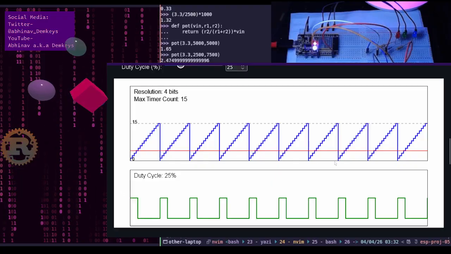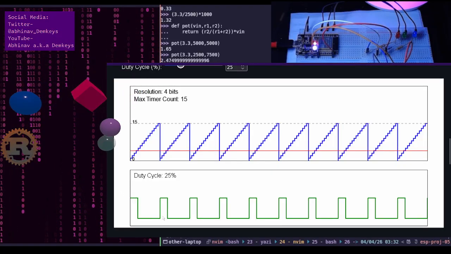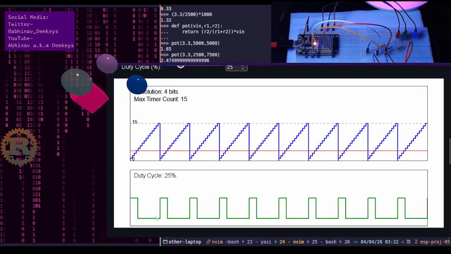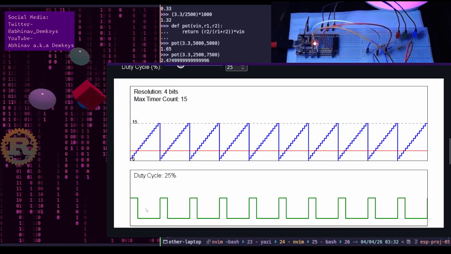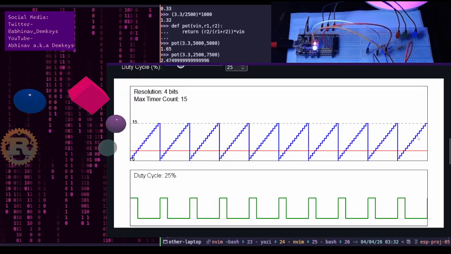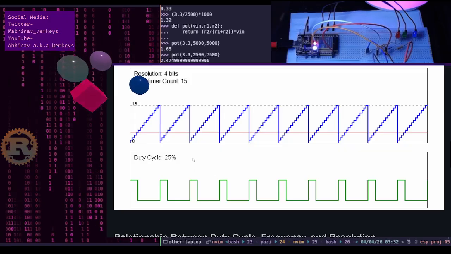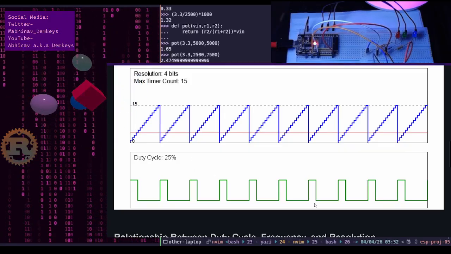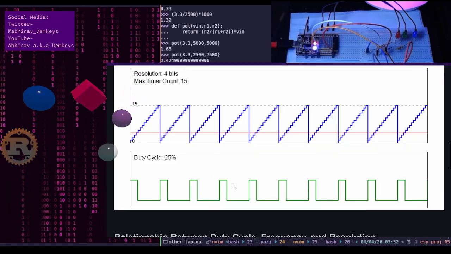So what is this entire thing called? Because one duty cycle is this: 25% high and then 75% low. That's one entire duty cycle, right? And then you're going to have a number of such duty cycles within 1 second, depending on the frequency.